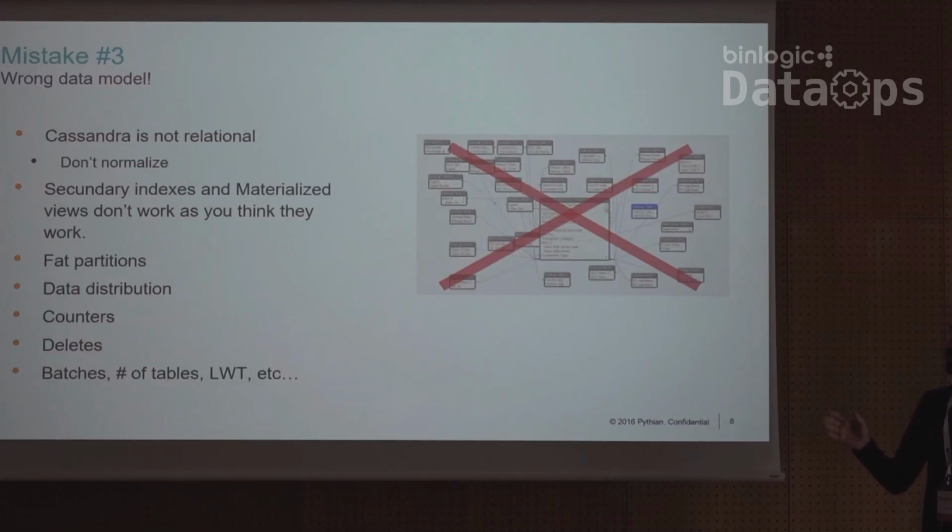In Cassandra, one main rule is that we don't normalize. Cassandra operates under the assumption that storage right now is cheap, so if you need to denormalize to serve your queries, that's what you do.